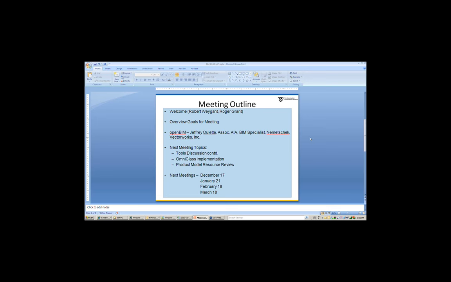Another idea for a topic is implementing OmniClass into the different BIM authoring tools. How it can be done, and how the different OmniClass tables can apply based on the different types of projects and their requirements.